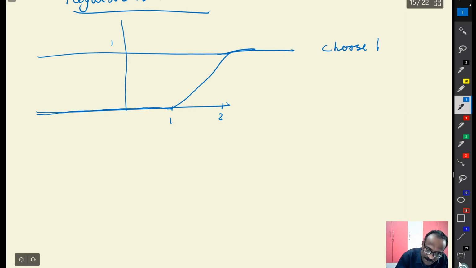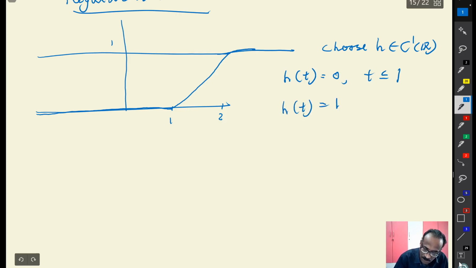So I choose h in C1 of R. h at t is equal to 0 for t less than or equal to 1, and h at t is equal to 1 for t greater than or equal to 2, and h is C1.